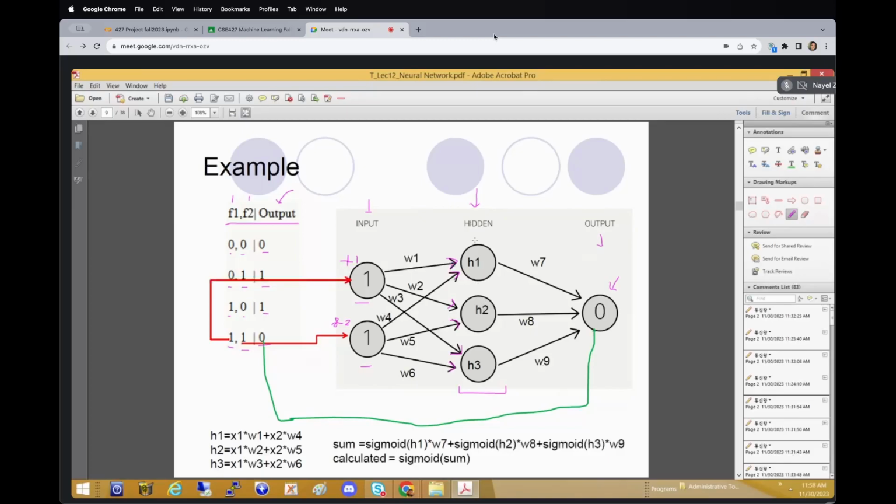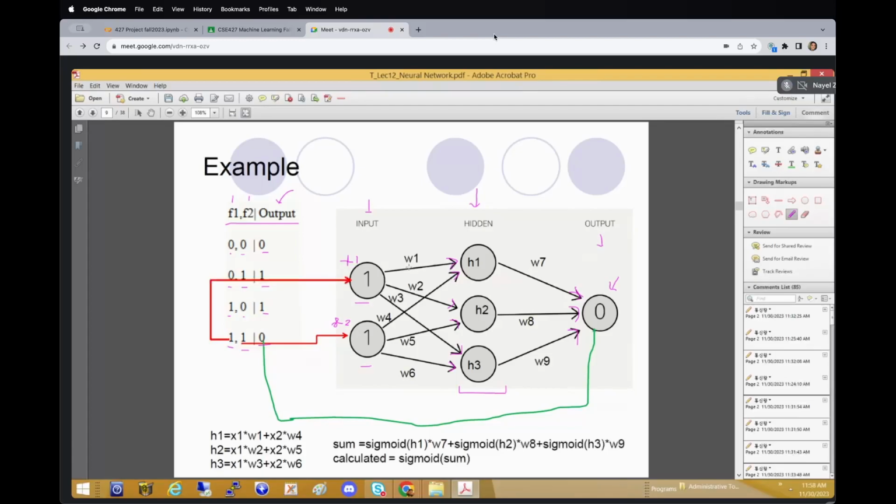And the hidden layer units are also connected to the output layer unit. Hidden 1 is connected to the output unit, hidden 2 is connected to the output unit, and hidden 3 is also connected to the output unit. Now for each and every one of these connections, we have to assign weights.